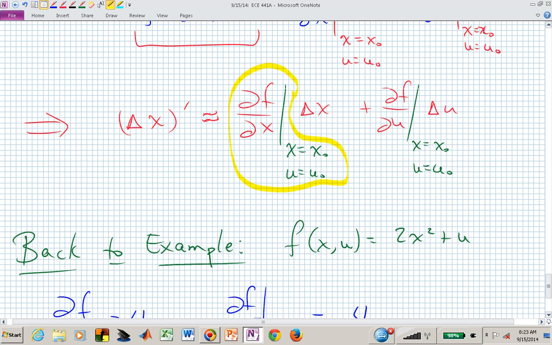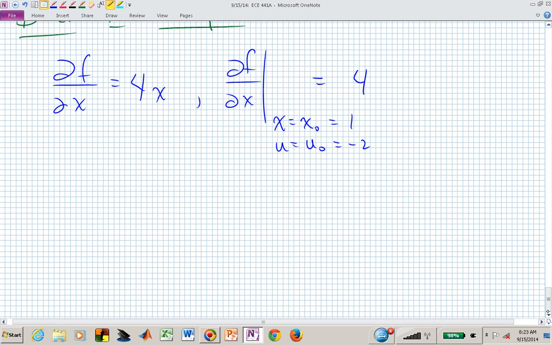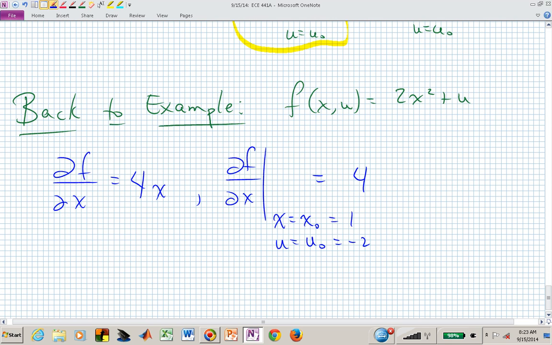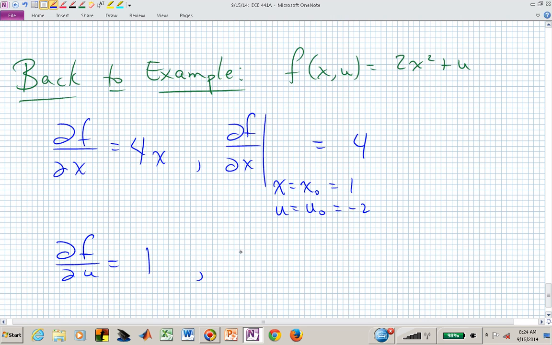Now we need to find the partial with respect to u of f. If we now take the partial of f with respect to u, what do we get? That's just 1. Now, here's the really difficult part.